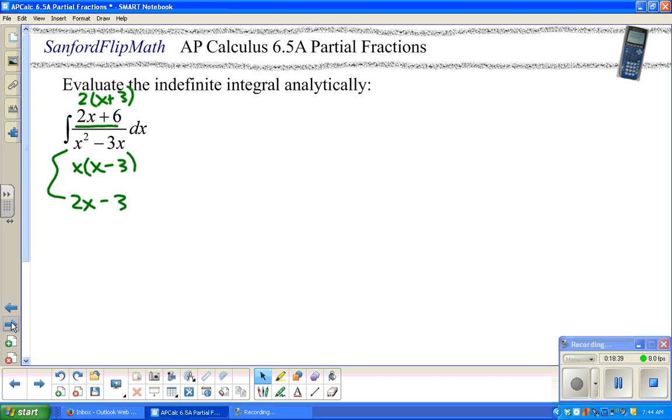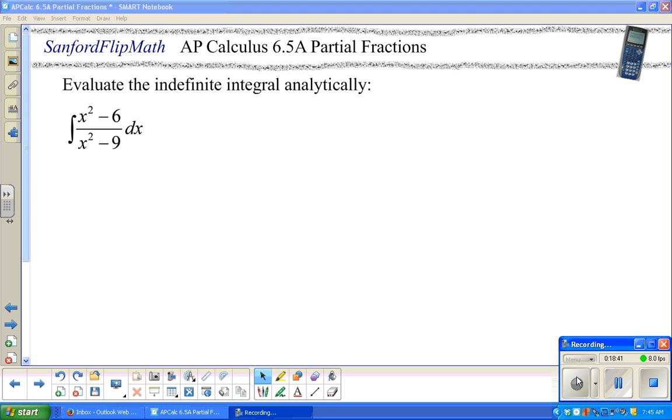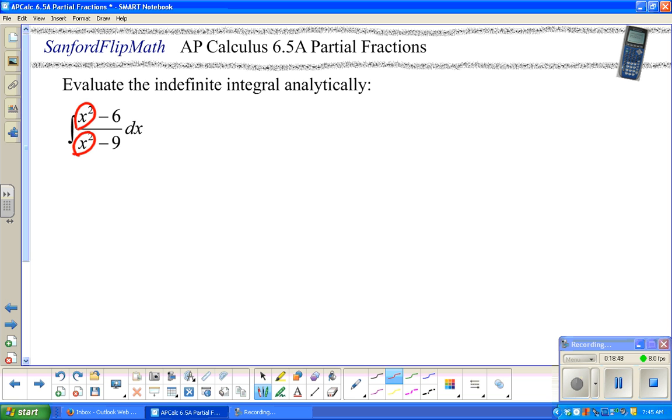I actually want to do just one more example, at least start it. And the reason I want to start this one is I've been talking about the degrees, and notice this degree is not more than this degree. So that's a problem. That means I'm not ready to do partial fractions on this yet. I actually have to divide first, and I know you'll love that.